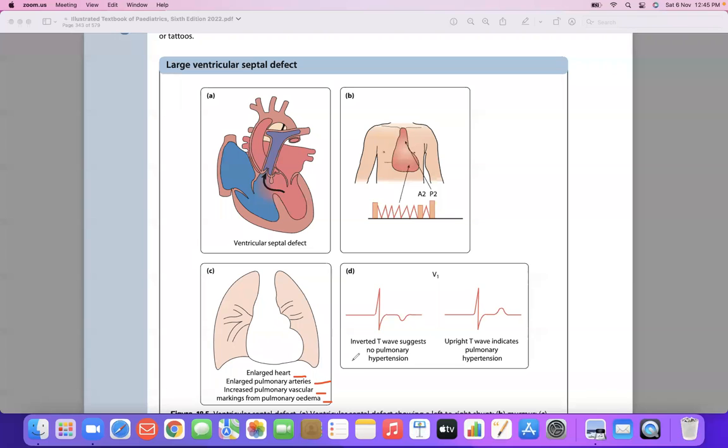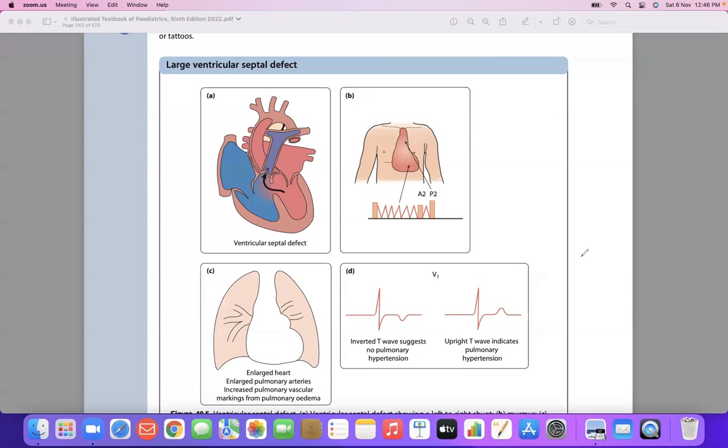Now the ECG findings. If there is an inverted T wave in V1, it is normal, no pulmonary hypertension. If there is an upright T wave in V1, it indicates pulmonary hypertension. These patients can slowly, as more and more blood flows into the pulmonary arteries, go into pulmonary hypertension.